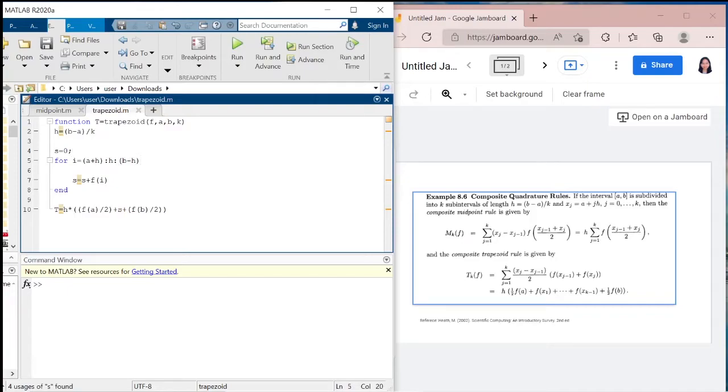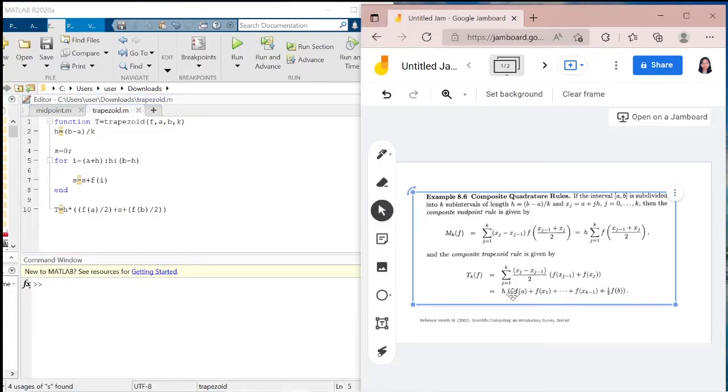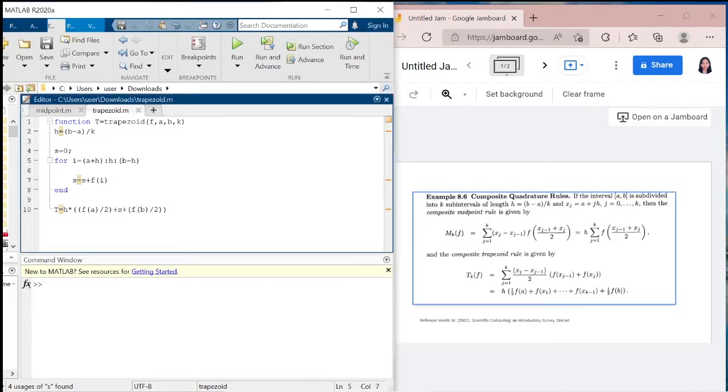Now, as we can see here in the summation, aside from the first and last term, the summation begins at x sub 1 and not at x sub 0. It also ends with k minus 1. So our counter starts at A plus H and ends at B minus H, incremented by the subinterval length H.